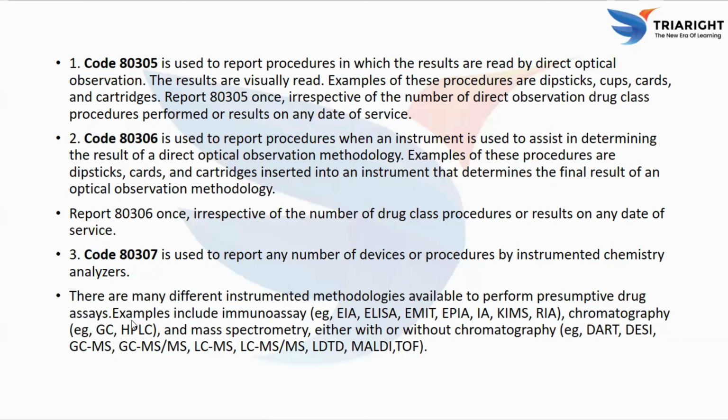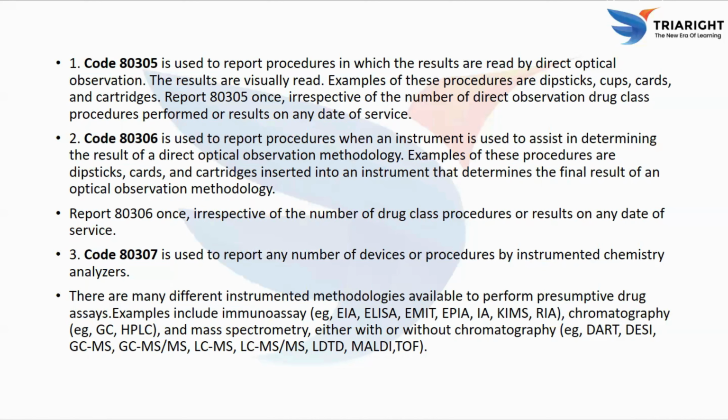And chromatography. So in chromatography, we have GC, gas chromatography, and HPLC, high performance liquid chromatography. And mass spectrometry at the screening level, which includes LCMS, GCMS, MALDI, TOF, and DOT-DC. So these are still presumptive screens, not definitive confirmation codes.